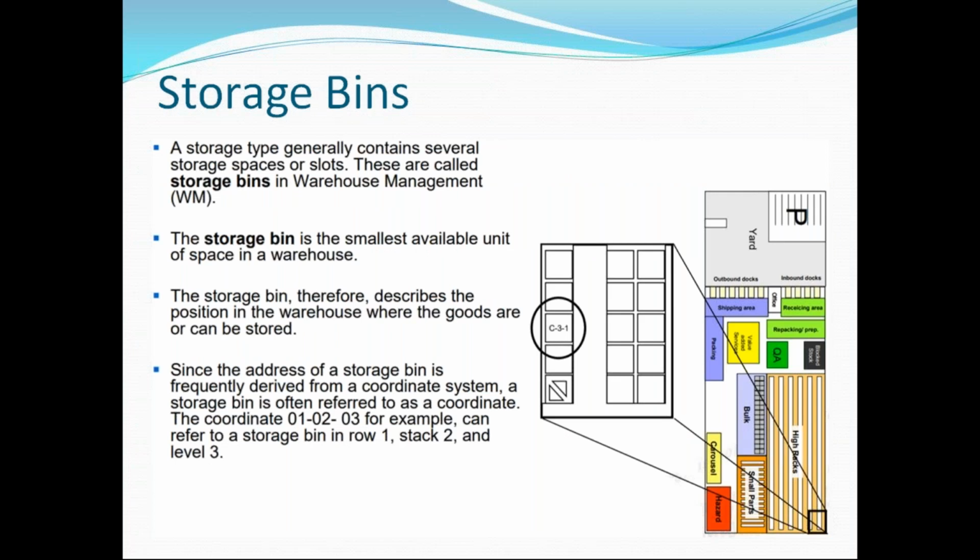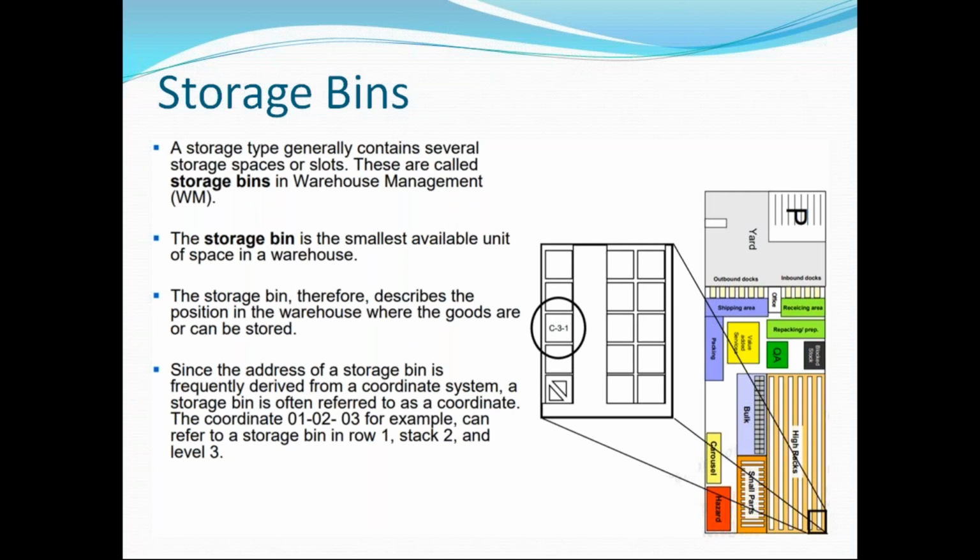Bins. A storage type generally contains several storage spaces or slots. These are called storage bins in the warehouse management system. The storage bin is the smallest available unit of space in a warehouse. The storage bin therefore describes the position in the warehouse where the goods are or can be stored. Since the address of a storage bin is frequently derived from a coordinate system, a storage bin is often referred to as a coordinate.